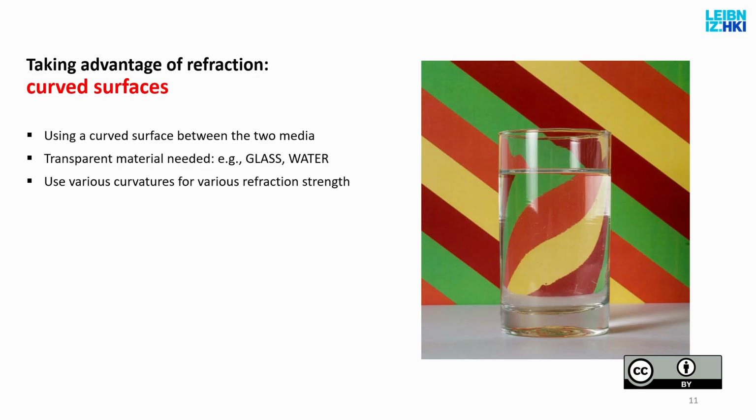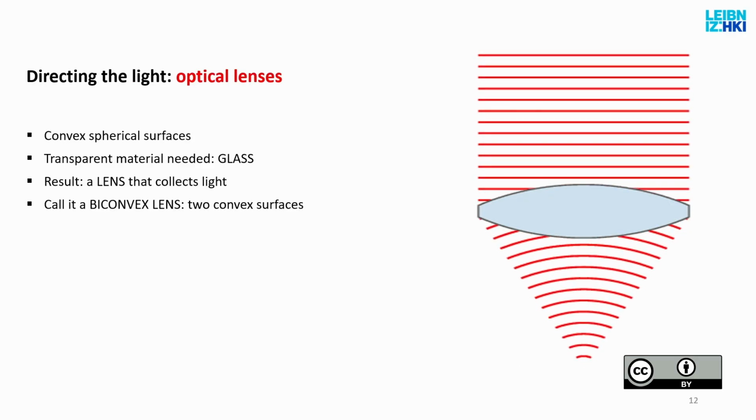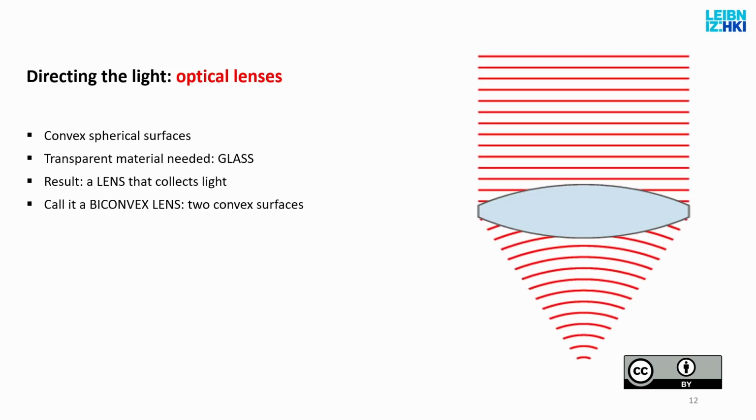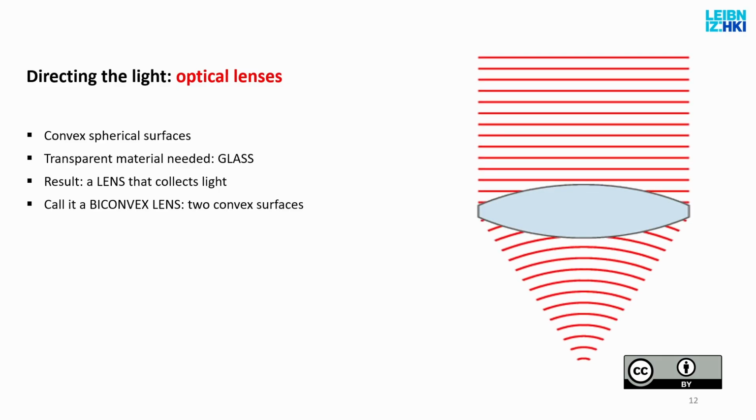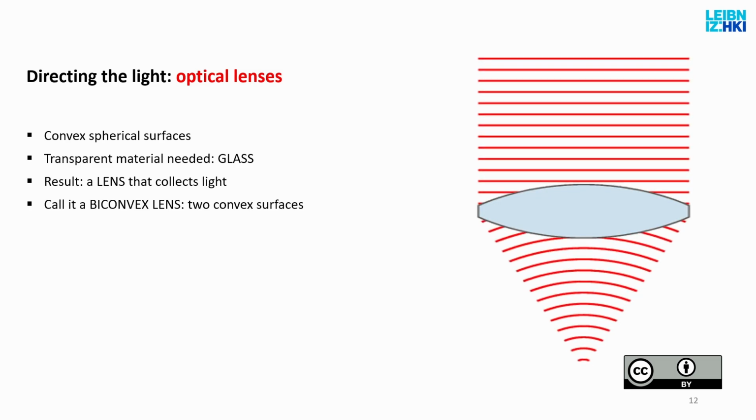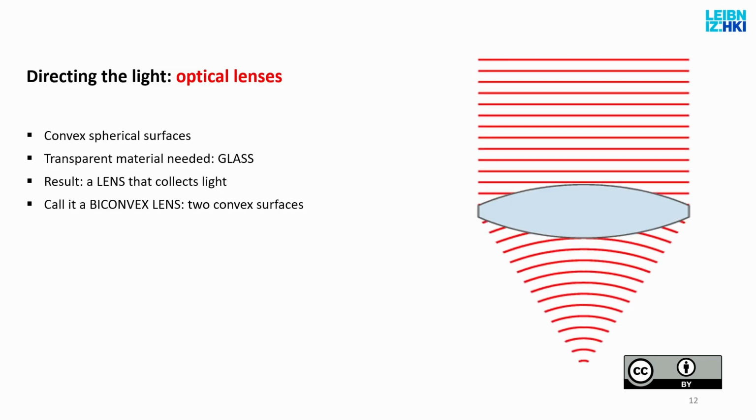Now, this is an interesting observation by itself, but what's more interesting is that I can use this fact, that bent surfaces or curved surfaces bend the light in a certain way, to generate what we call optical lenses. This is a piece of glass surrounded by, most typically, a spherical surface on both sides, either convex, sticking out, or concave, which will be sticking in. You will see that in a second.